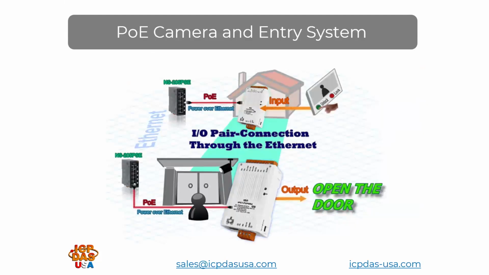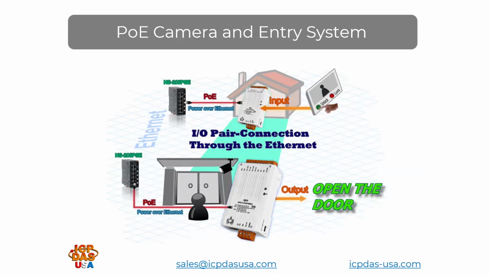This is actually a very common application that's implemented in a lot of, I guess, remote areas or large facilities. This is a simple PoE camera and entry system. With this, there's a monitor at the house or the main office connected by Ethernet. At the other end, near the door, is an IO module, which simply has a connection to a buzzer.